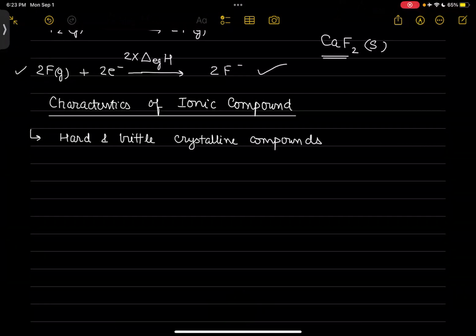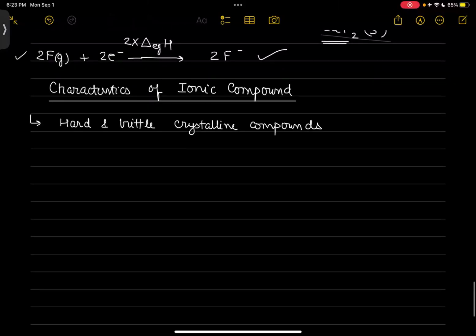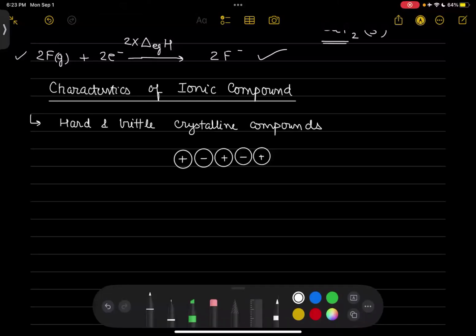Why are they hard and brittle? They are crystalline in nature, because when you see their structures, there is a cation, there is an anion, right? Yes, sir. This is known as lattice.